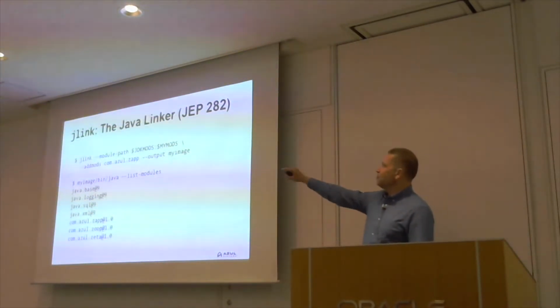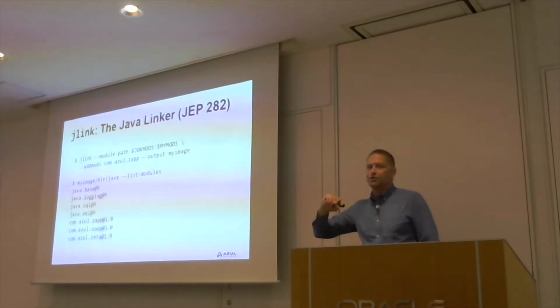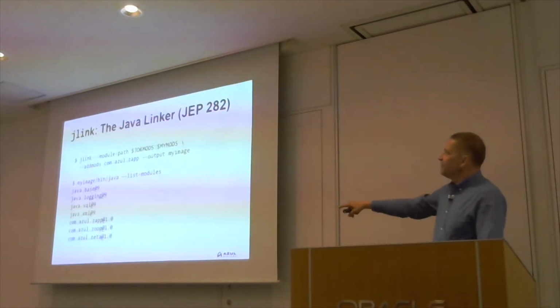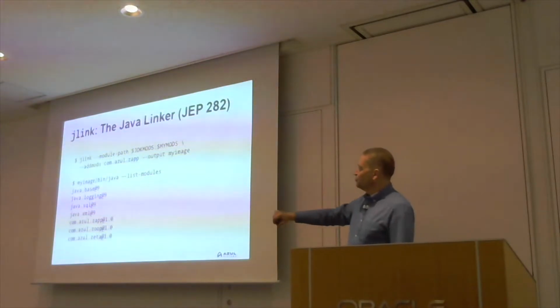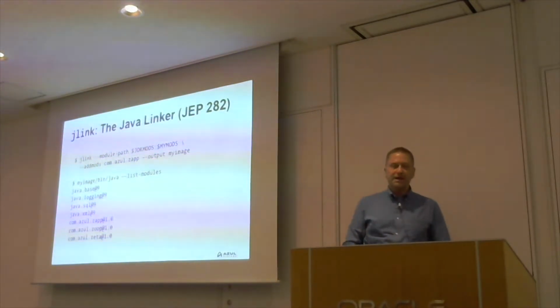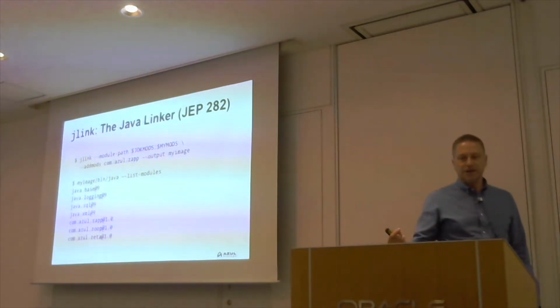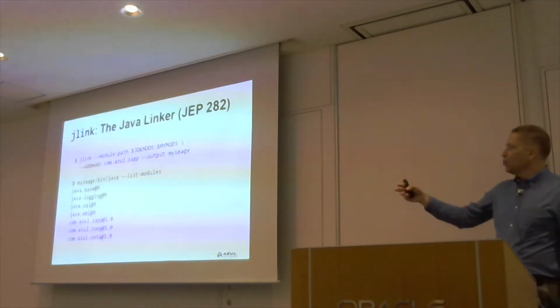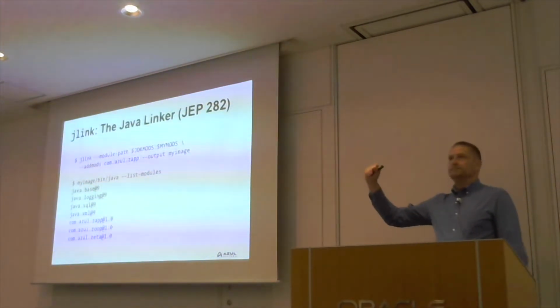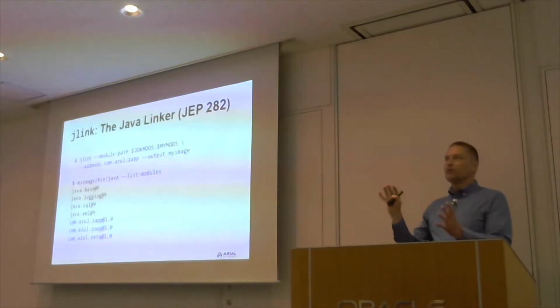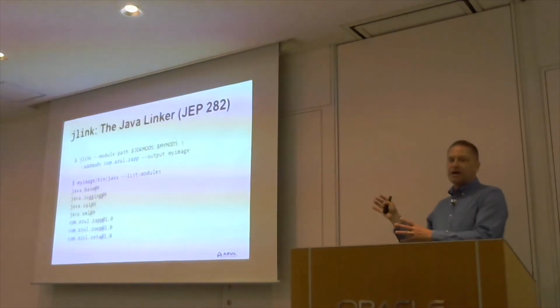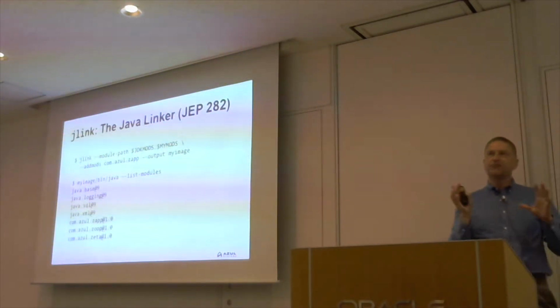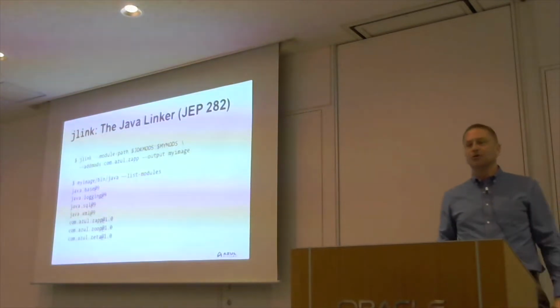So I simply say, compress all that, and output to my image. If I run Java again with list modules, I'll now see I've got java.base, I've got java.logging, java.sql, java.xml, compress all that, Zoop, and Zeta. So all of the modules I need to run my application are there, and I can use it. So this is a very powerful thing in terms of the module system.